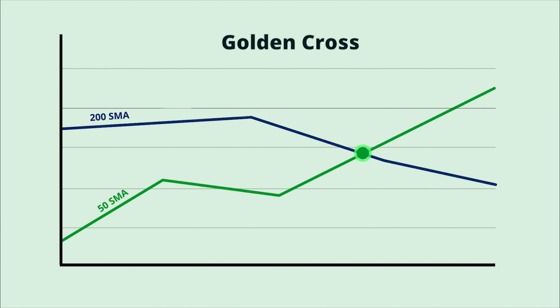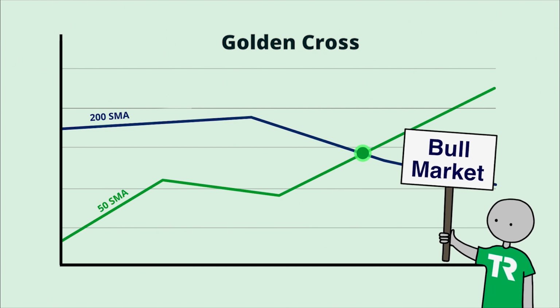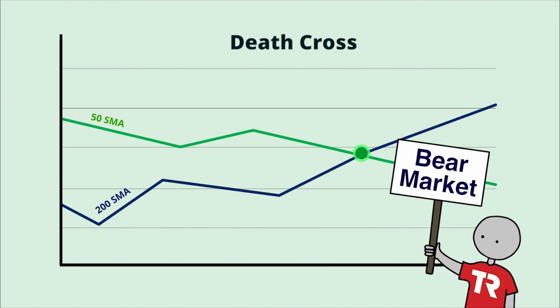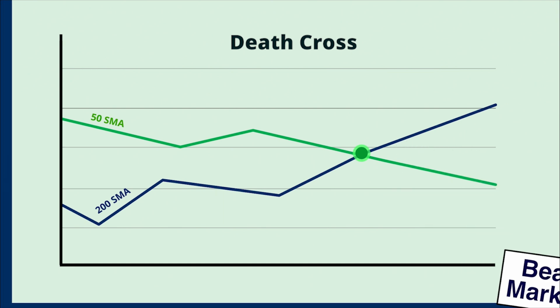And a lot of people will go as far as saying you're in a bull market if that happens. And when things go the other way, when the 50 crosses below the 200-day, you have what is called a death cross, and a lot of people will call that a bear market. Now, there's strong opinions on both sides.